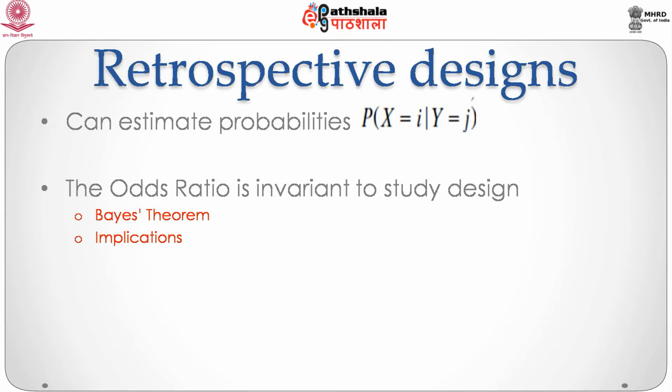This can be proved using simply the definition of the odds ratio and Bayes' theorem, which can relate the probability of A given B to the probability of B given A for any two events A and B. The implication of this is that we can estimate the odds ratio of X given Y, and it will be equal to the odds ratio of Y given X.